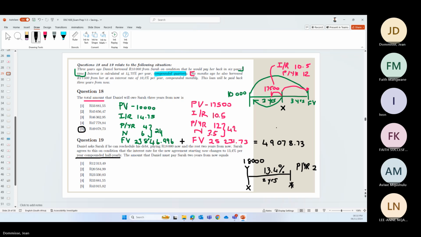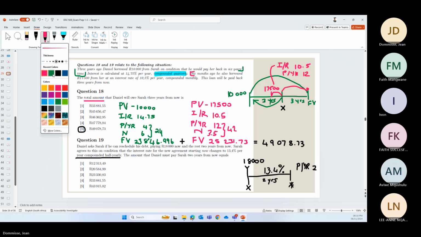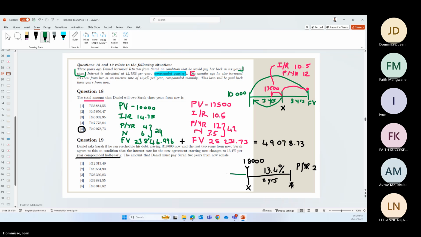So we now need to change how we looked at that 10,000. We now need to change the view of a 17,500. So basically what we will need to work out is that green component that we worked out over 6 years for 10,000.